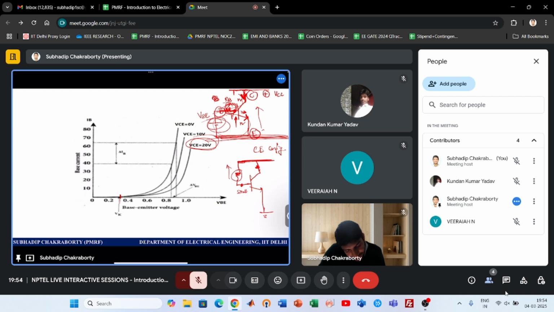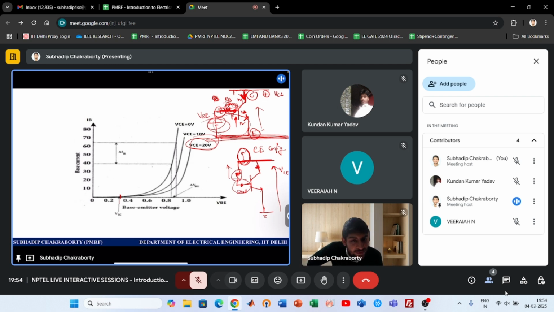So what happens if you increase VCE? What happens if you increase VCE? This voltage increases. If this voltage increases at this node, then what happens? Yes, I want to hear some answer. If VCE increases, what happens? Please answer.